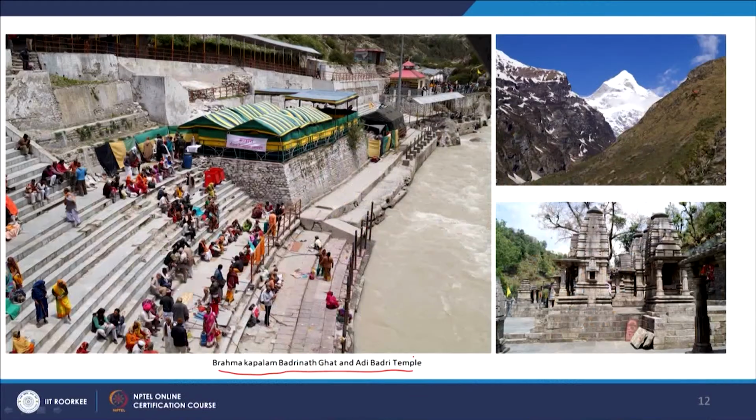So here you can see all these belief systems and practices, how they are practiced, and this all becomes a kind of memory to us.